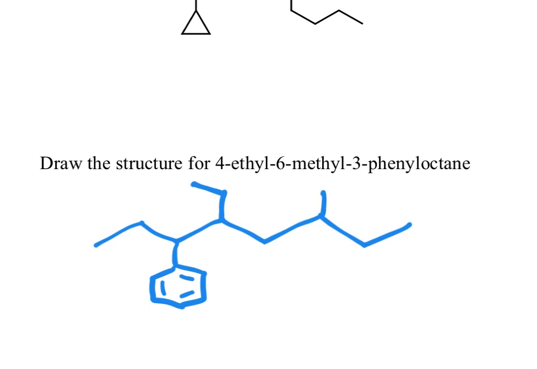You only have to appeal to the alphabetical order of the branches if all the numbers would be the same. Numbering left to right here gives me different numbers, 3 and 4, followed by 6. If I numbered right to left, I would have 3, 5, 6. So my numbering would be different if I went right to left.